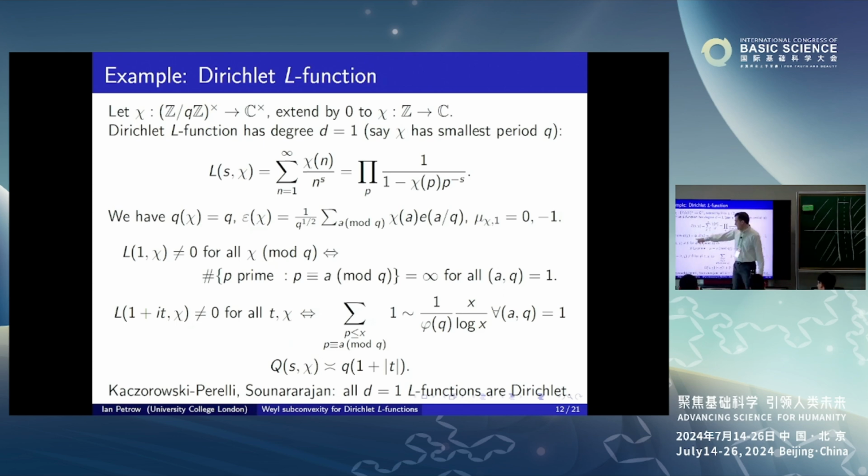Here there's a non-trivial arithmetic conductor, which is Q. I'm always assuming that χ is so-called primitive mod Q. All the other data start to be non-trivial. This one has absolute value 1, and it's the value of a quadratic Gauss sum, which equidistributes around the unit circle, but we can't say more than that.